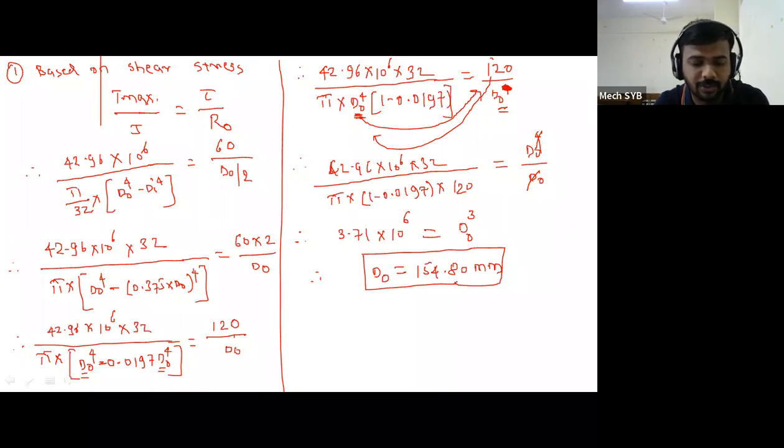3.71 into 10 raised to 6. This is the total term present at the left side, and if we take the cube root of that term, you will get 154.80 mm. This is the DO value. We have to calculate the DI also.